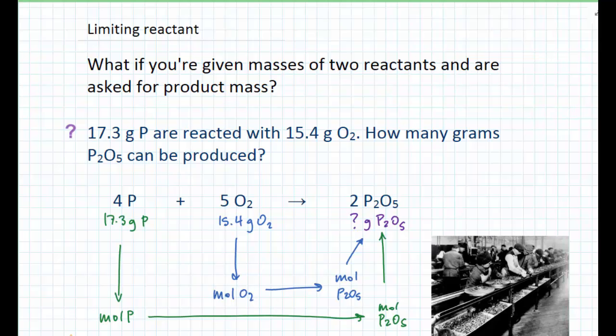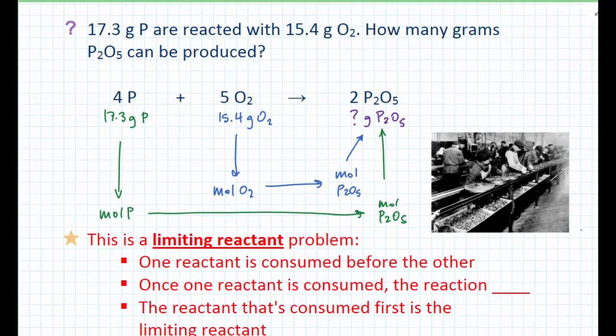But first, let's talk about what this problem is. We consider this to be called a limiting reactant problem. That means that one of these two reactants will be consumed before the other. No matter how carefully we try to control the amounts, there will always be one of them that will get used up before the other one.